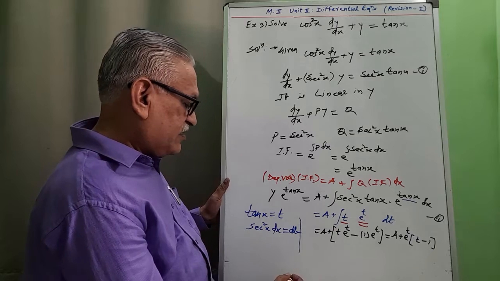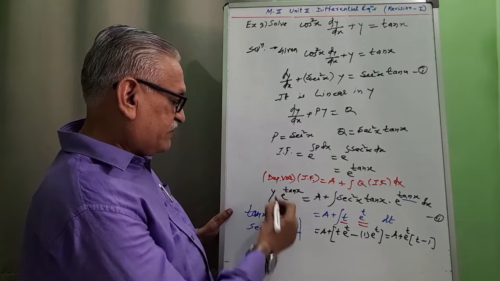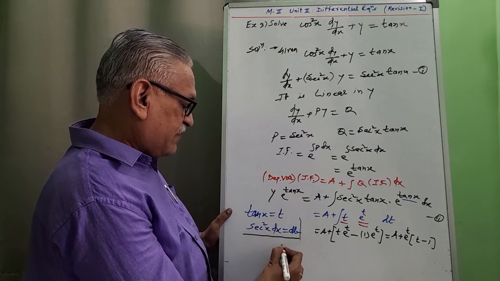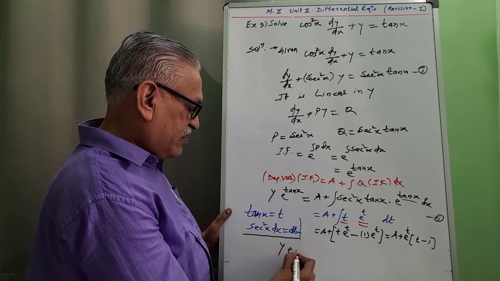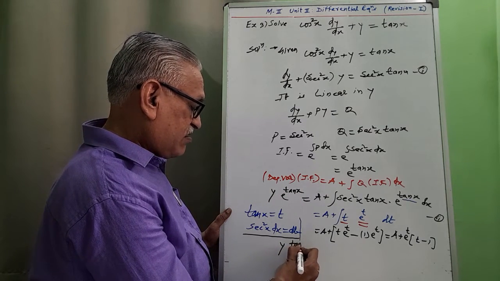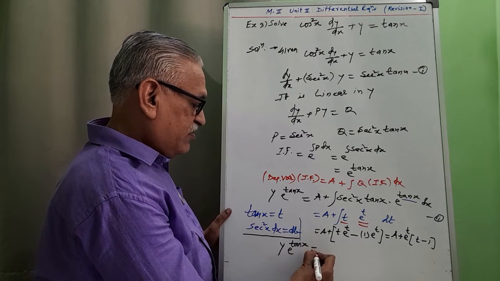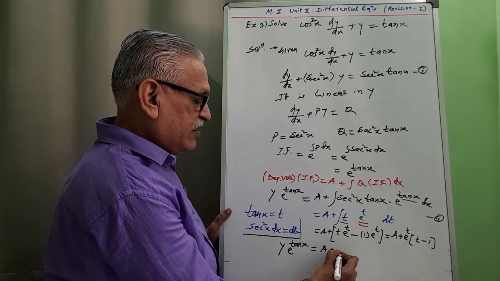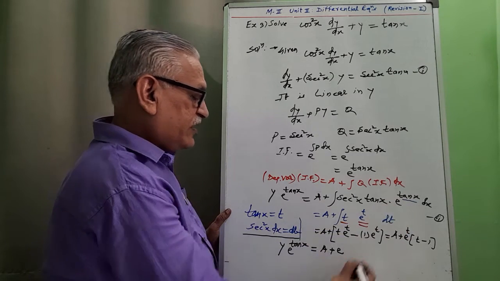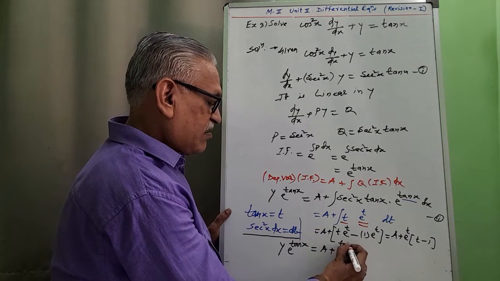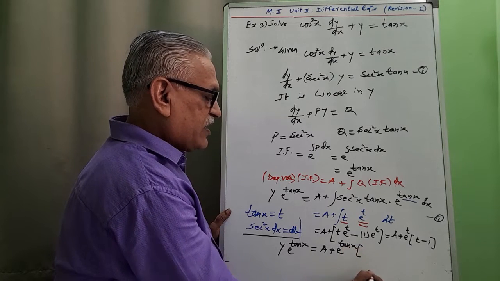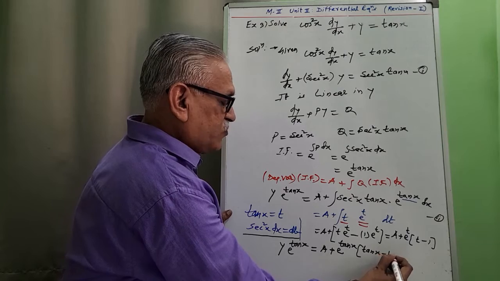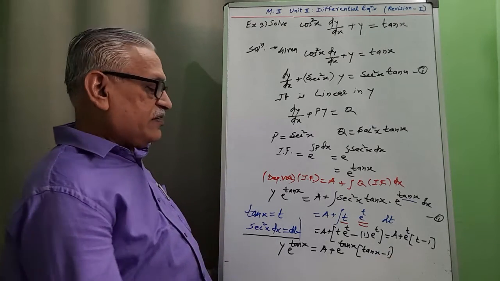Therefore we get the required solution as: left hand side is y e raised to tan x is equal to a plus e raised to t, t is tan x, multiplied by tan x minus 1 as the required solution.